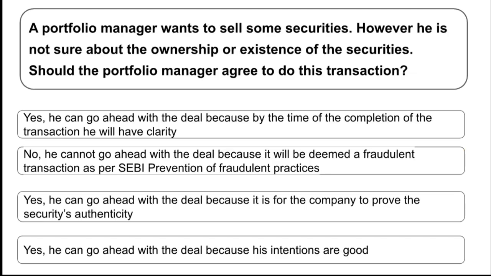Going to the next question. A portfolio manager wants to sell some securities. However, he is not sure about the ownership or existence of the securities. Should the portfolio manager agree to do this transaction?